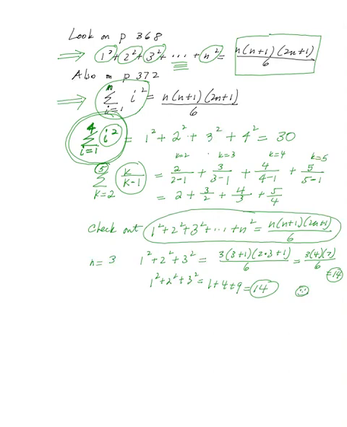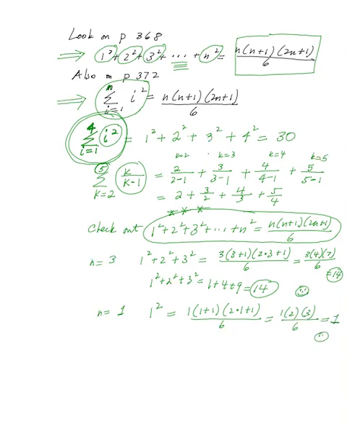And you could try it for any value of n. Let's try it for n equals 1. I'm lazy. Let's try it for an easy one. Well, if n equals 1, this would say 1 squared, and I stop, is 1 times 1 plus 1 times 2 times 1 plus 1 all over 6, which is 1 times 2 times 3 over 6, which is 6 over 6, which is 1.